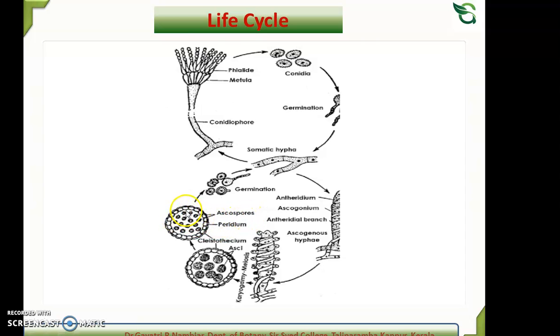At maturity, the peridium will break off, the ascus wall will dissolve, and ascospores are liberated. On falling on a suitable substratum, the ascospores germinate by putting out a germ tube and give rise to somatic hyphae. In this way, the life cycle of Penicillium continues.